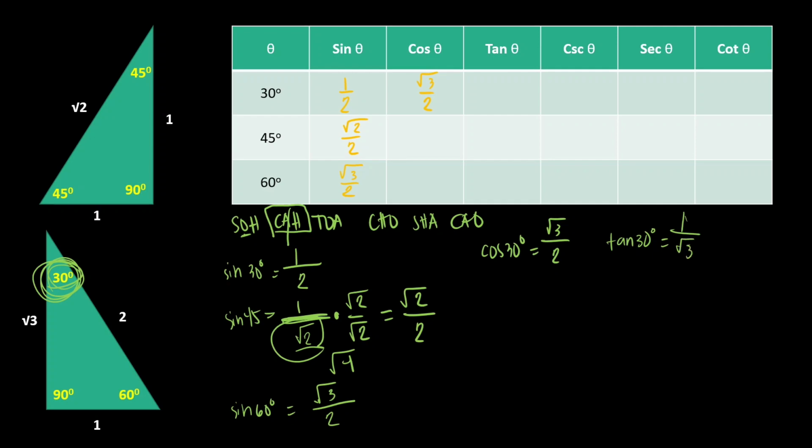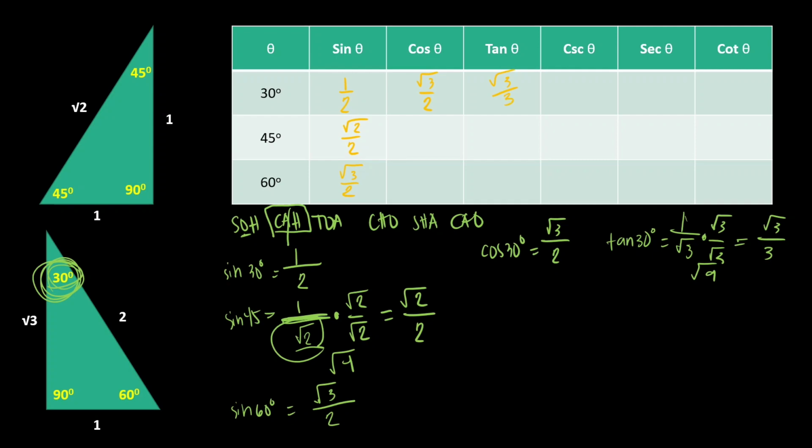Again, square root of 3 is in the denominator, so rationalize. Square root of 3 times square root of 3 is square root of 9, which is 3. So the answer here is square root of 3 over 3.